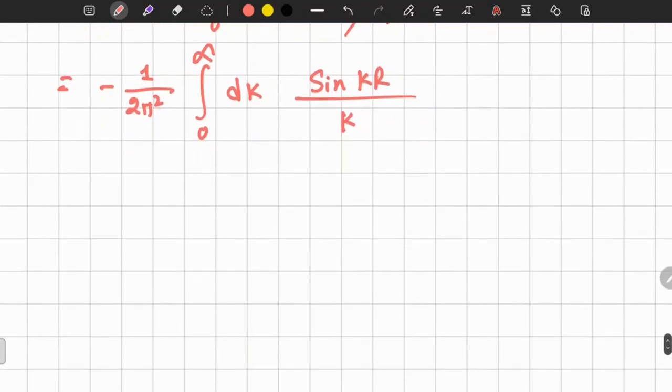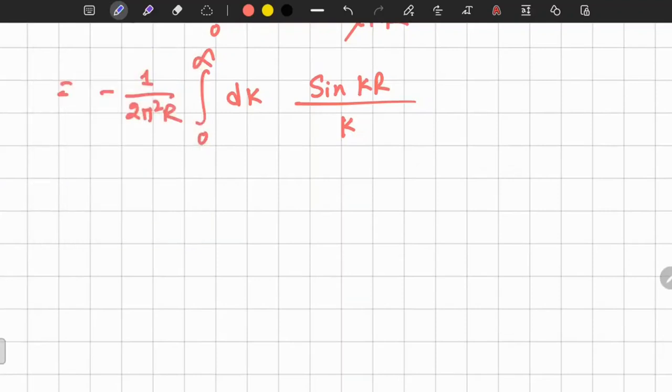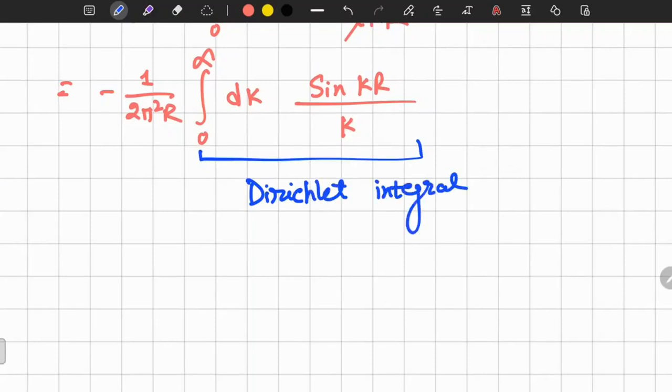So r we can take out here because it's constant. So this integral we have is a very famous integral. You know this, right? So this integral, the value of this, okay, what is the nature of this function?